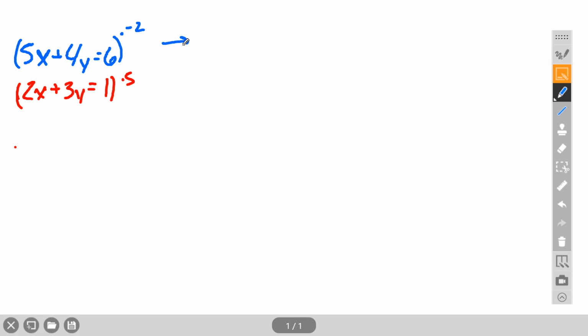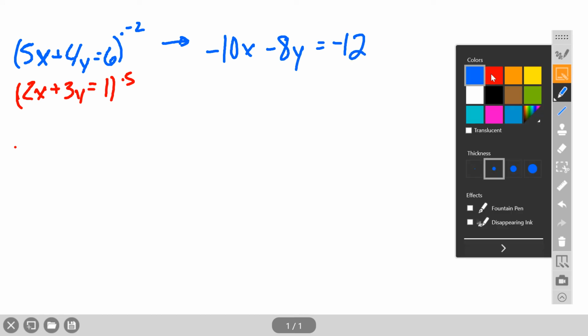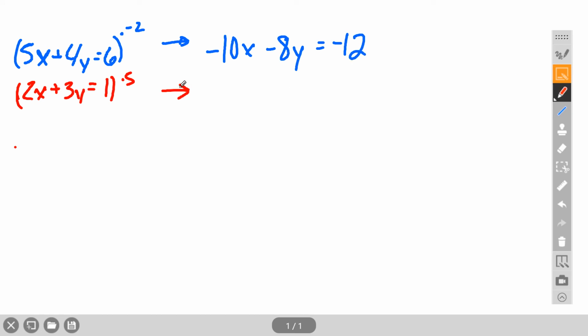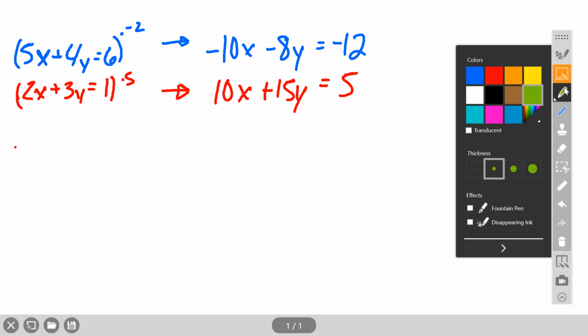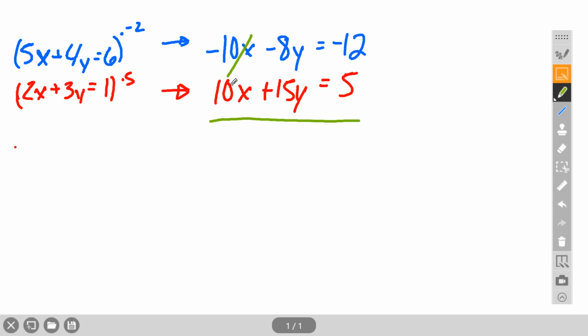First equation becomes negative 10x minus 8y equals negative 12. The second equation becomes 10x plus 15y equals 5. Add these two equations together, the x's cancel. I have 7y is equal to negative 7. Divide by 7, y is equal to negative 1. So, the y-coordinate of my solution is negative 1.